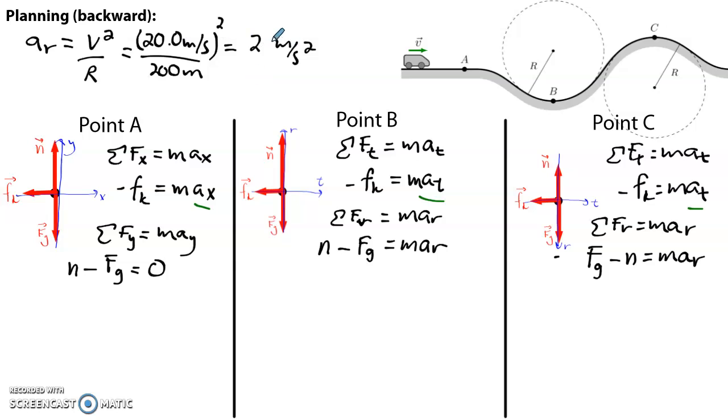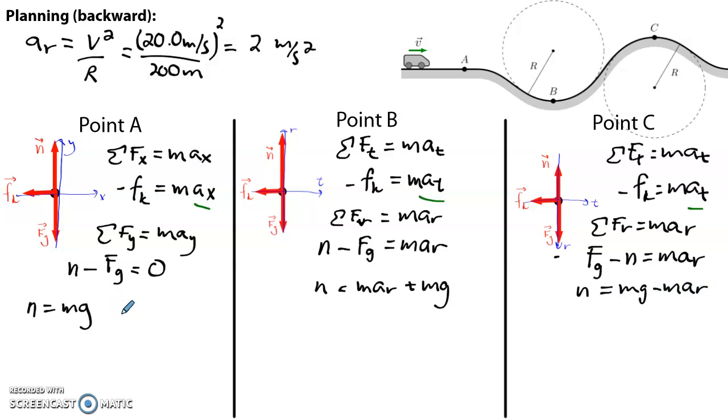So we have our acceleration, and from this we can now figure out what will be the normal force in each case. So in the first one, we'll just have n is equal to mg, and the second one will have n is equal to m ar plus mg, and in the third one we get n is equal to fg, so mg minus m ar.